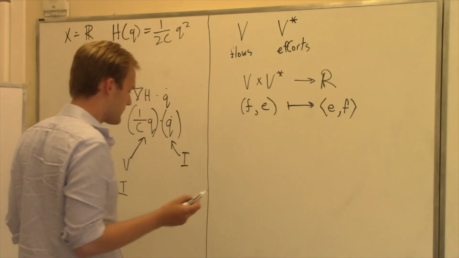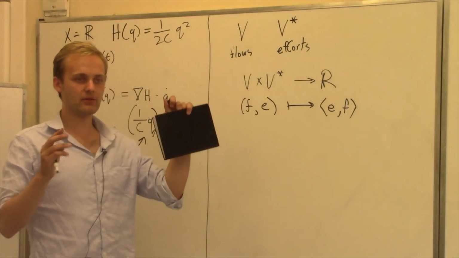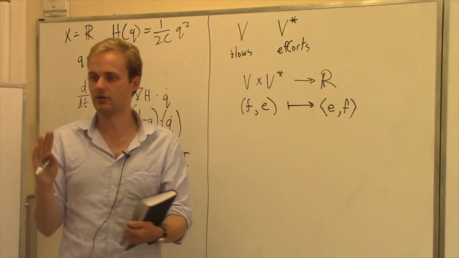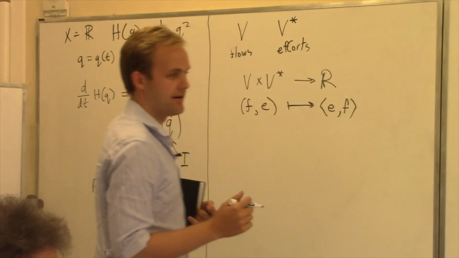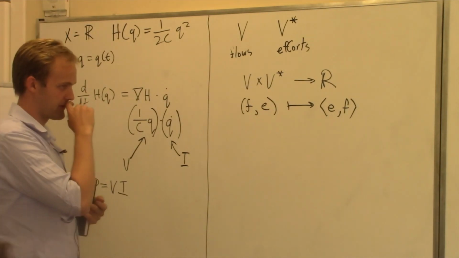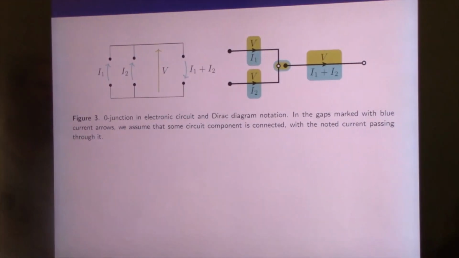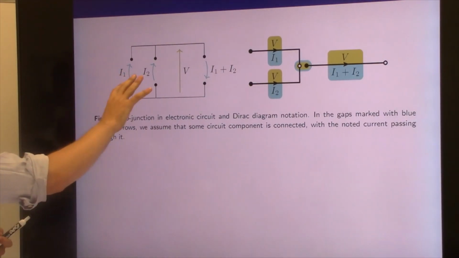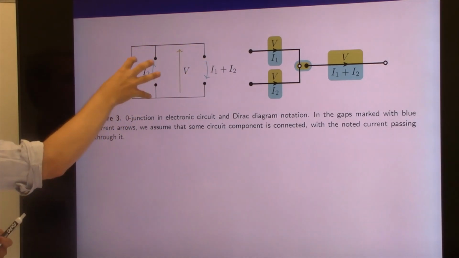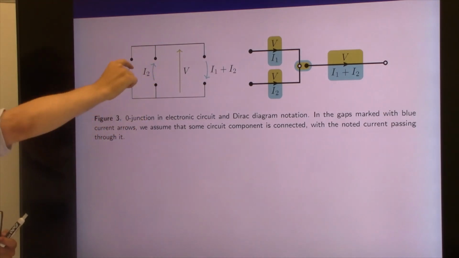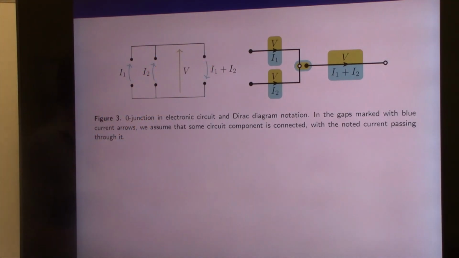And now if we're thinking about flows traveling along a network, let's try to model this. Here we have some schema of connecting something that has two electrical ports with something that has one electrical port.